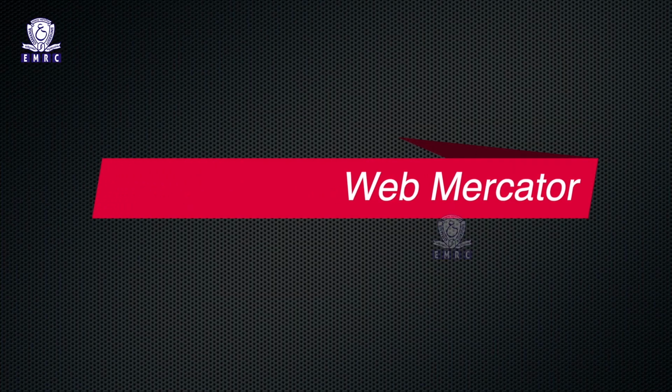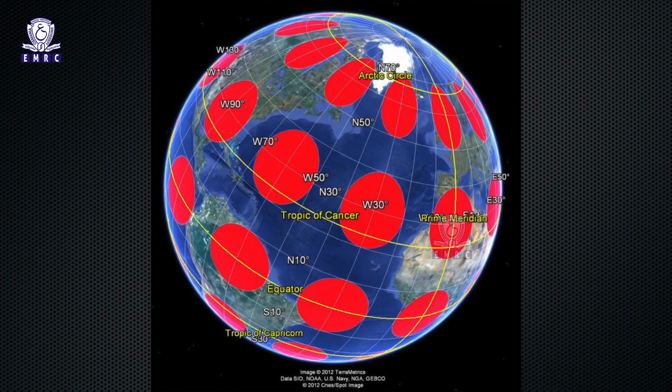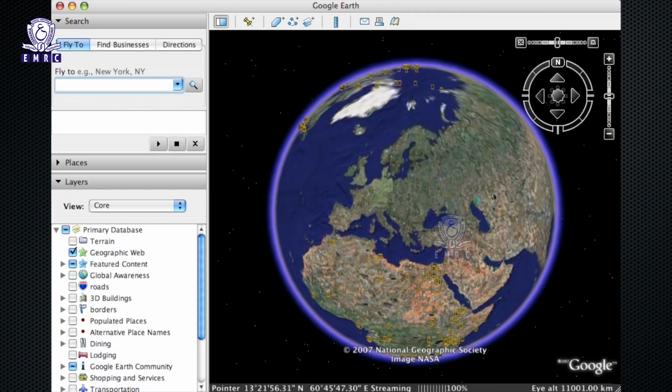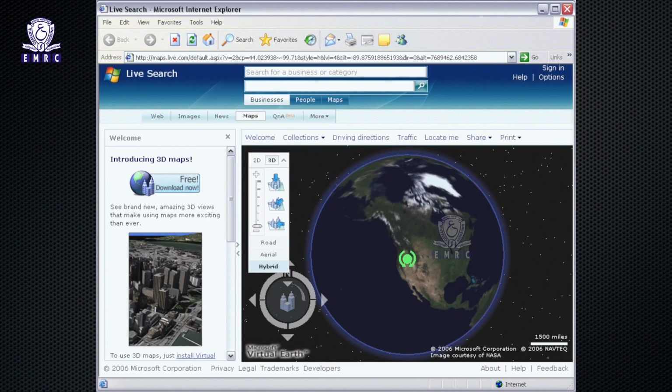Web Mercator. Both Google Earth and Microsoft Virtual Earth use Web Mercator. This is the Mercator projection based on a sphere instead of a spheroid. This simplifies the calculation because Google Earth and Microsoft Virtual Earth are primarily used for map display rather than numeric analysis.